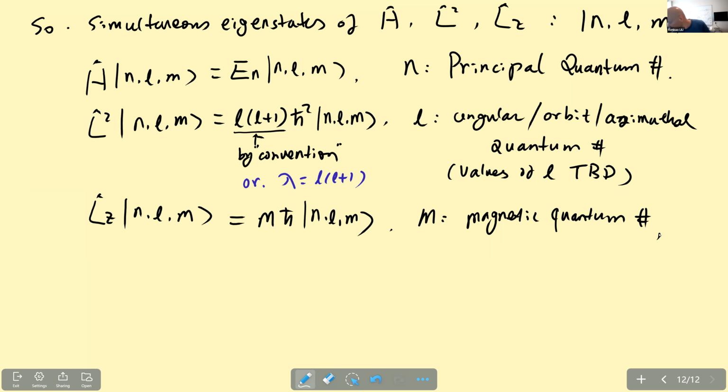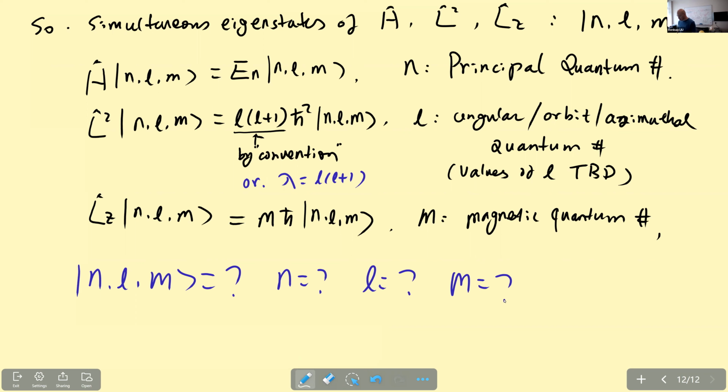So the question is, what are the solutions? What are the possible values of l, and what are the possible values of m? Let us stop right here.